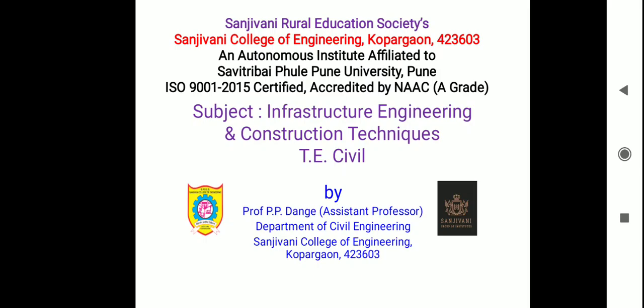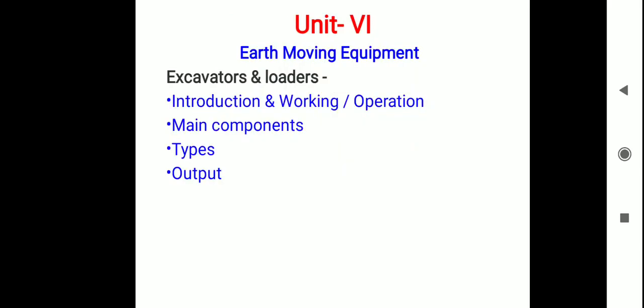Now in this lecture we are going to discuss the next earth moving equipment, that is excavators and loaders. We are going to study the working or operation as well as main components of excavators and loaders along with their types and output.